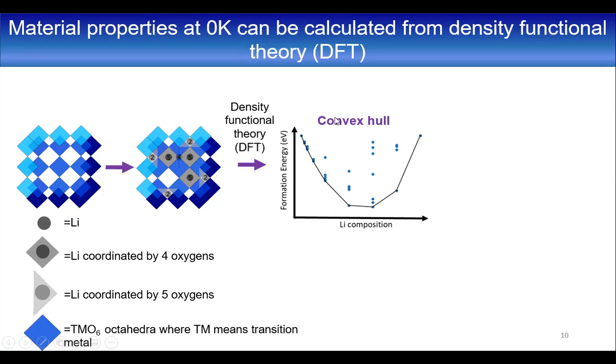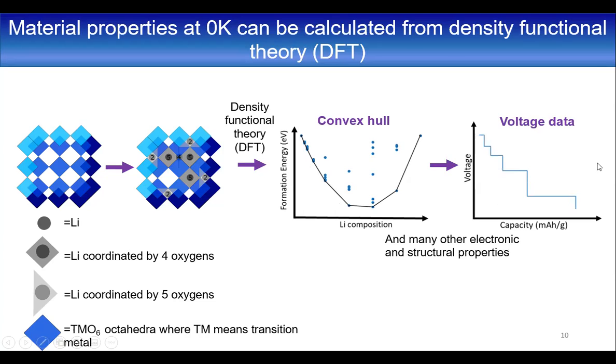And so I could take this convex hull and calculate the slope of it and get voltage data, and through DFT I could get a variety of different electronic and structural properties. For example, with DFT you're solving for where the atoms are going to want to go and where exactly they want to relax to.